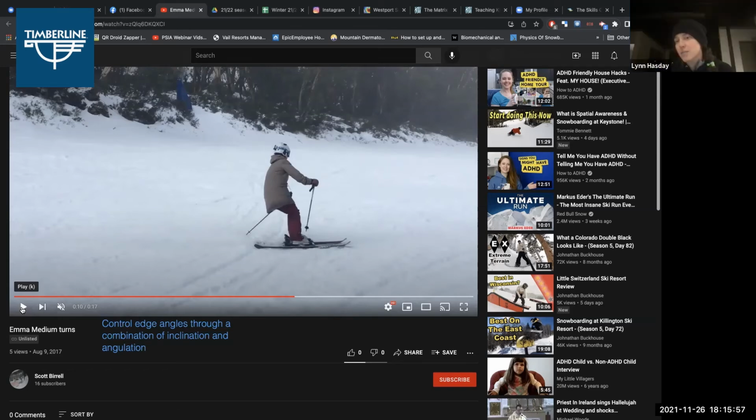So flexing adjacent body parts to control what your skis are doing. Yeah. Cool.